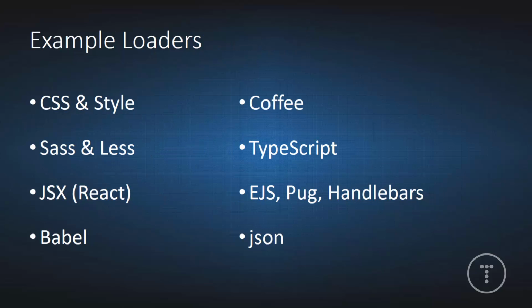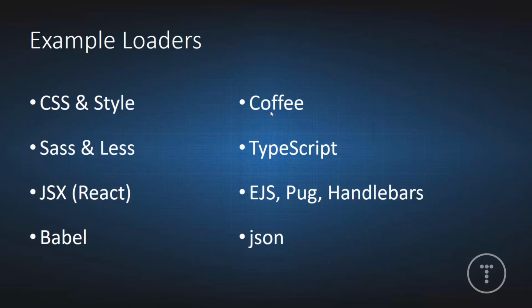These are some example loaders. There are literally hundreds of them, but these are some of the popular ones. There's the CSS and style loader that allows you to just include CSS right in your script. We also have Sass and Less, which are CSS precompilers, so we can simply include a Sass or SCSS file or a Less file. JSX is used for React. Babel is used for a few different things, but it's often used so that we can use ES6 JavaScript syntax, and it'll then compile down to ES5, so you have full browser compatibility.